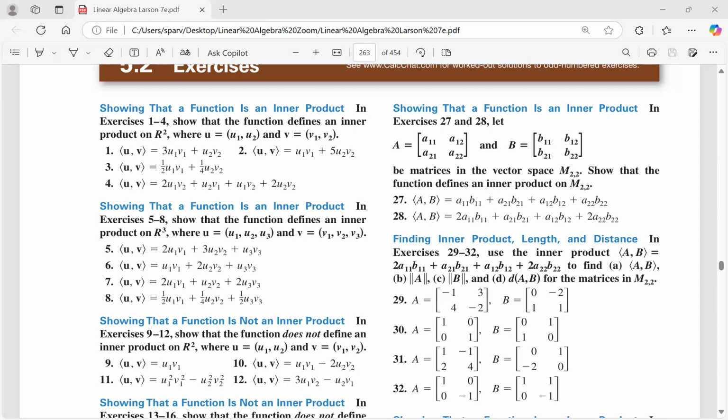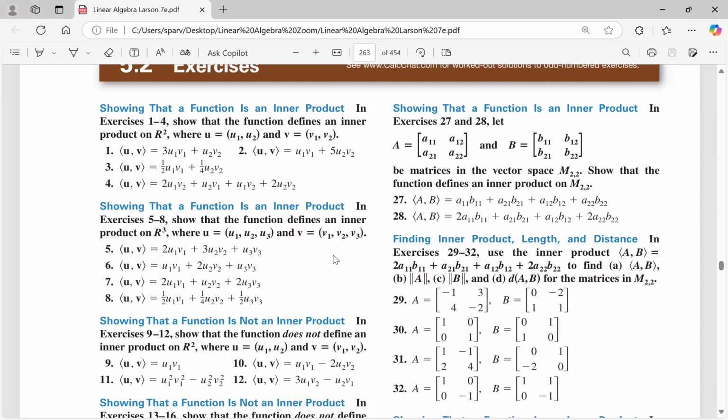But should we try to do an exercise, by the way, from this section? Anyone? Should we, just as a warm-up, to see how things work out in this section a little bit? Let's do that. We're in section 5.2, so let's take a look at an exercise.